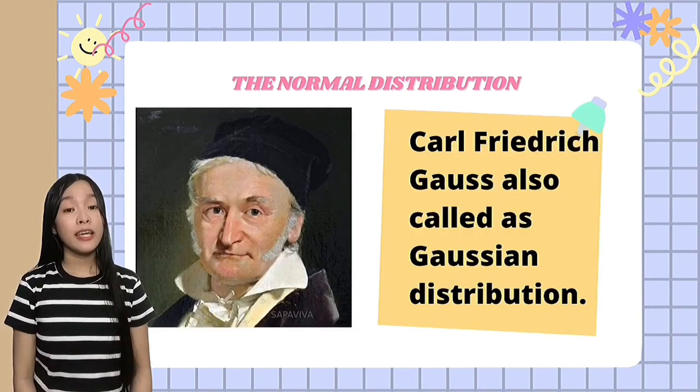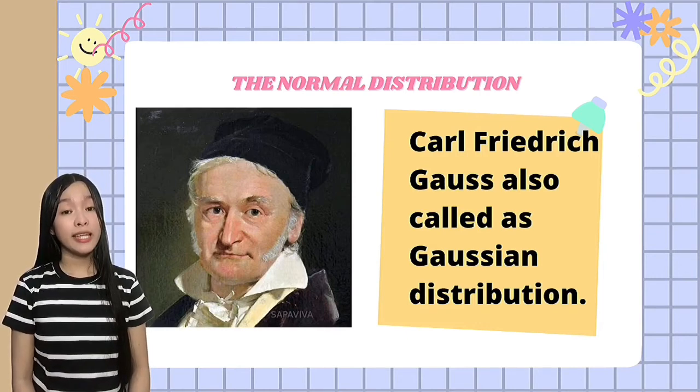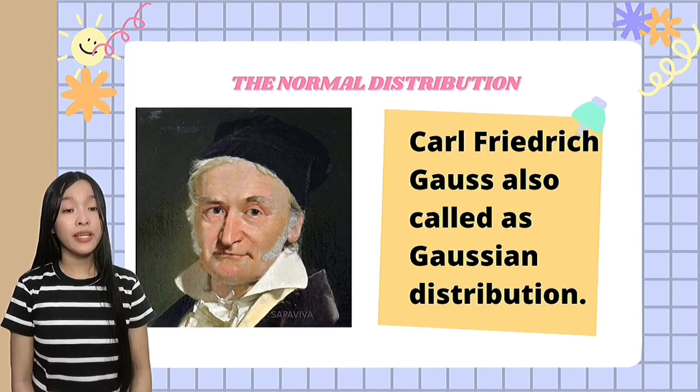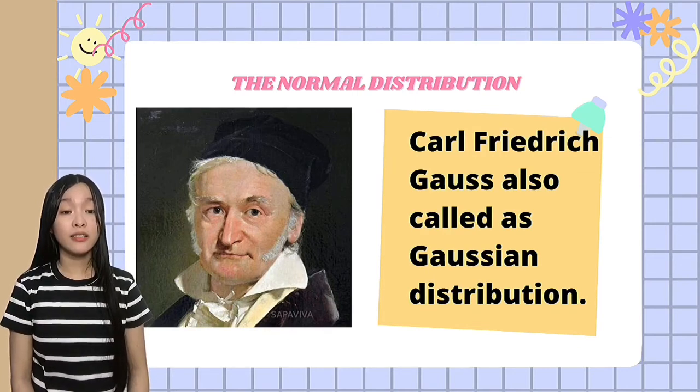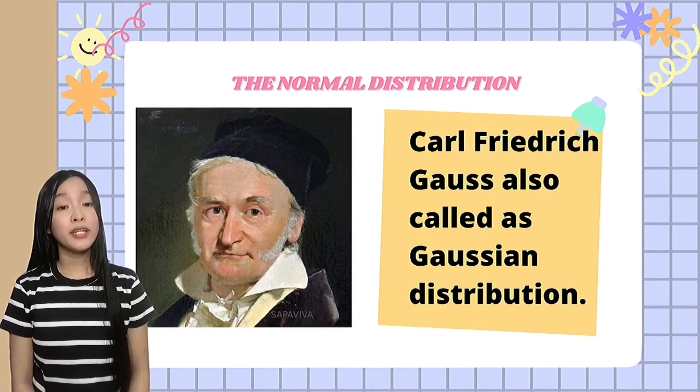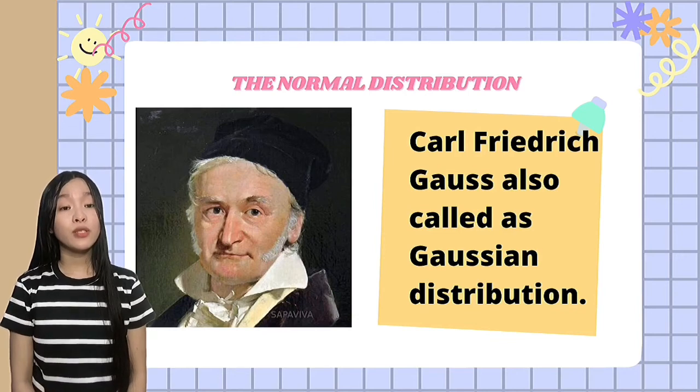So this was named after Karl Friedrich Gauss, also called the Gaussian distribution. So this was used as a standard reference for many statistical decisions in the field of research and evaluation. So here, the standard deviation becomes more useful because it is used to determine the percentage of scores that fall within a certain number of standard deviations from the mean.